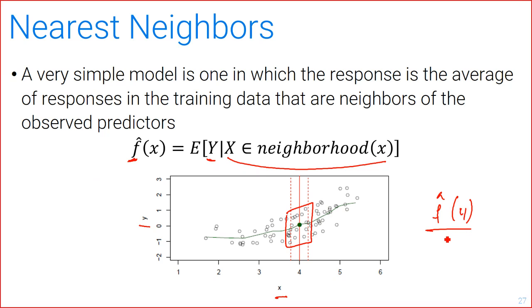So this is what the nearest neighbors does. Just choose the nearest ones, compute the mean response, and that would be our prediction. So you see, this is a very simple way of building a model around data. Just, hey, give you the average of similar points in the feature space.